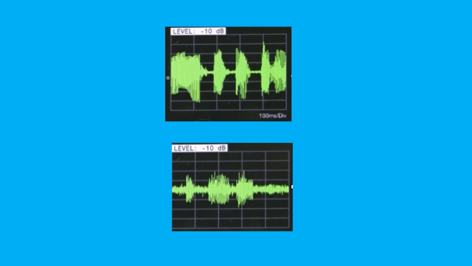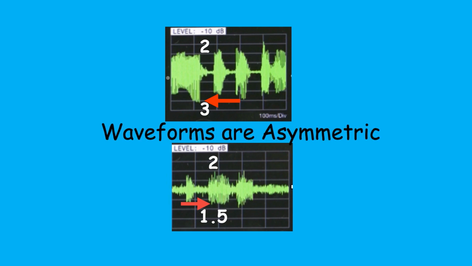Now, here's one that's kind of puzzling. I think we're going to have to bring one of those double E's in here to help explain this, because I don't totally get it. But watch this. This waveform rises to a level of 2 divisions, but drops down to 3 on the low side. Likewise, in the image below, it rises to a 2, but only to 1.5. These slides illustrate that these waveforms are asymmetric.